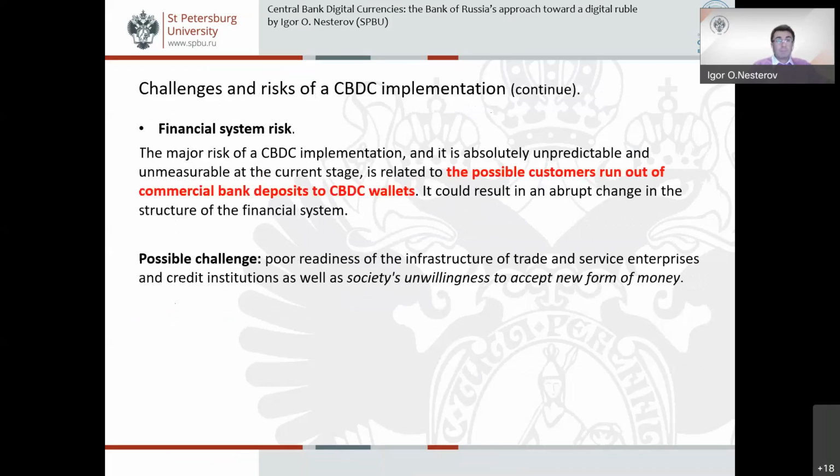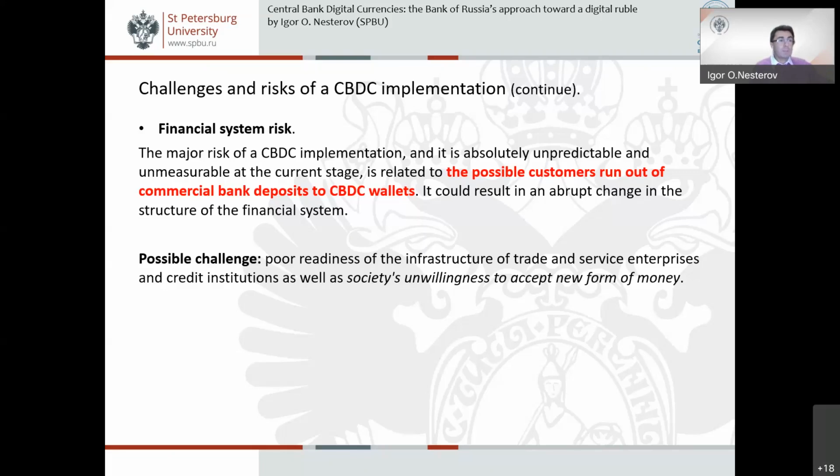But there is another quite serious financial system risk. It is connected with the possibility of customers running out of commercial bank deposits through CBDC wallets. That means that the application of CBDC could result in an abrupt change in the structure of the financial system.